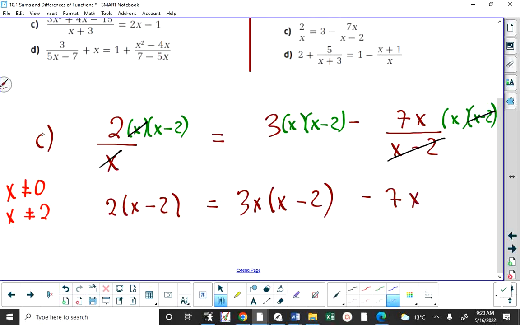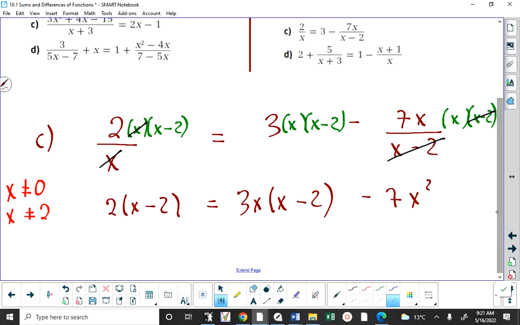We have 7x squared, 7x times x. It's kind of common here when you have things that cancel that you maybe miss pieces because visually it's a little bit cluttered. So we'll just double check. The x's are gone, 2 times x minus 2, 3 times x minus 2, 7 times x, it looks good.